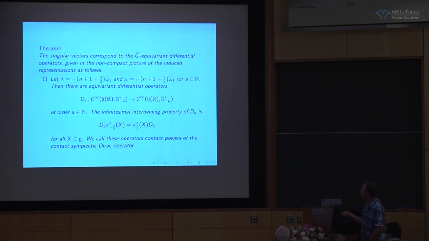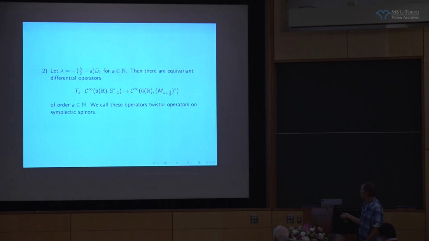And these are operators acting on symplectic spinors, on that Segal-Shale-Weil representation. And again, after some character shift, they land in the same representation. Here is the intertwining property. So that's one collection, numbered by natural numbers. There is another collection of them. They might be called sort of twistor operators, acting on symplectic spinors realized in contact projective geometry.